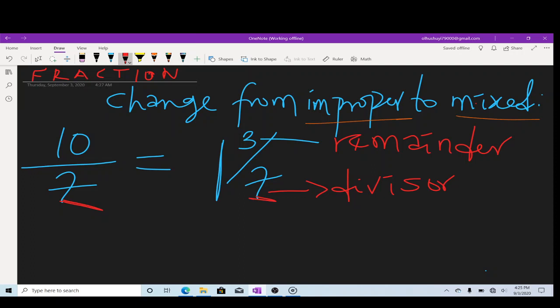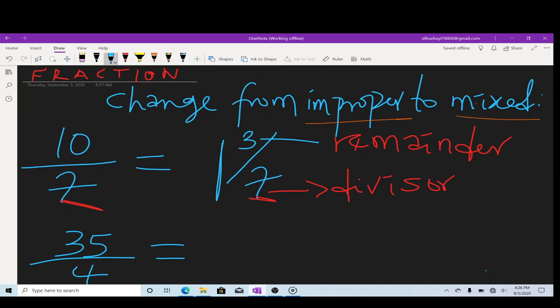to divide that. So if you have another one, let's say you have 35 upon 4.